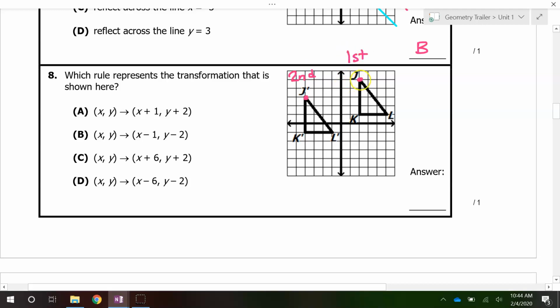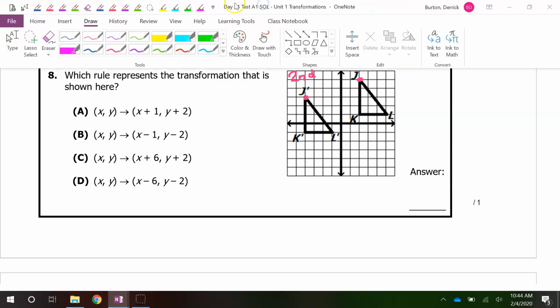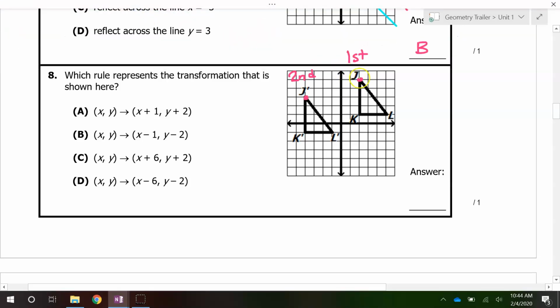So we have to start here at J, and we have to decide what happened. The pathway seems to be like this. It went left this many, and that is 6.